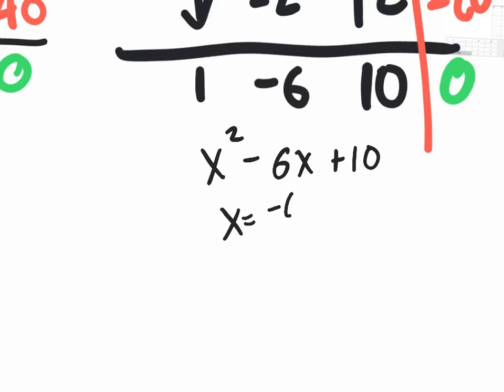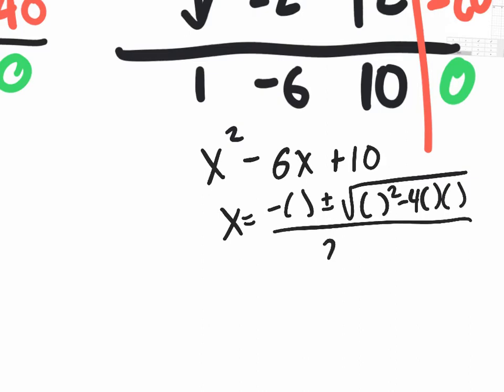x equals -b plus or minus the square root of b squared minus 4 times a times c, all divided by 2 times a. So the b value is -6, the a value is 1, the c value is 10. When you do this math, you have a positive 6 plus or minus the square root of 36 minus 4 times 1 times 10, that's 40.